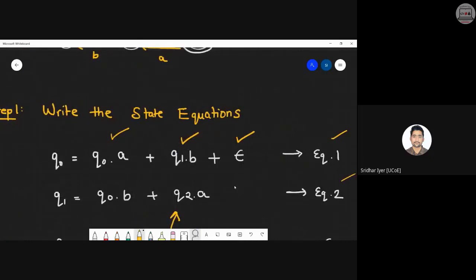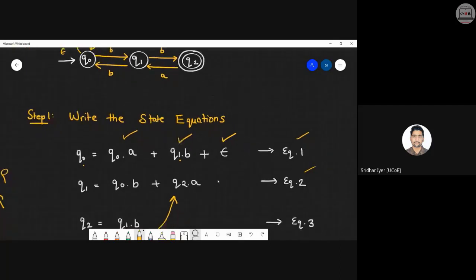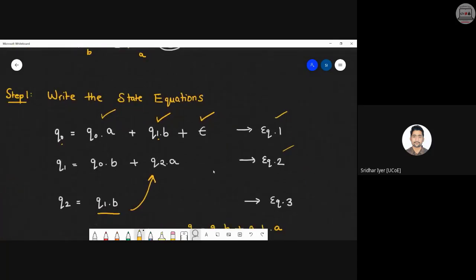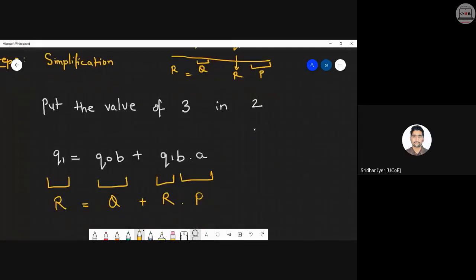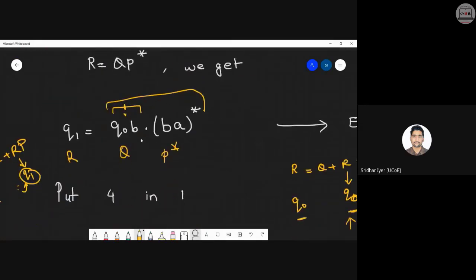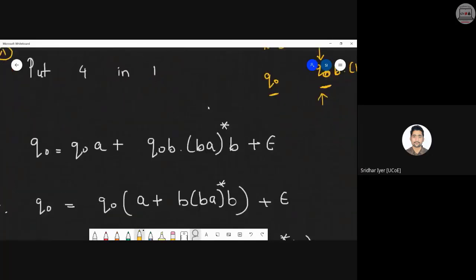As I told you, find Q0 on the left hand side and Q1 on the right hand side, so that this Q1 can be replaced by the corresponding value, which is Q0B dot BA closure. That is why I have substituted equation 4 in equation 1. Am I clear so far? If I substitute the value of this equation, which is Q0B dot BA closure, in equation number 1, I get something like this.